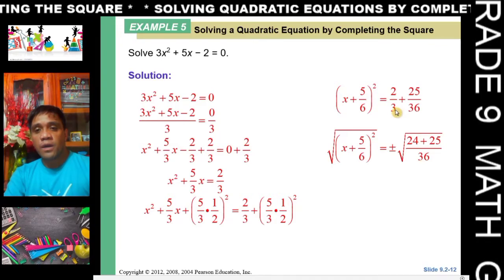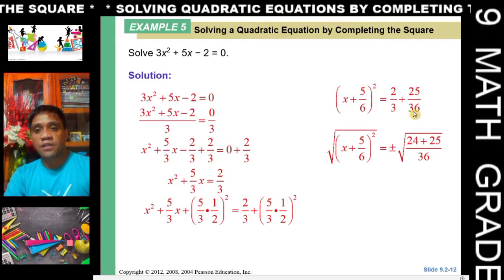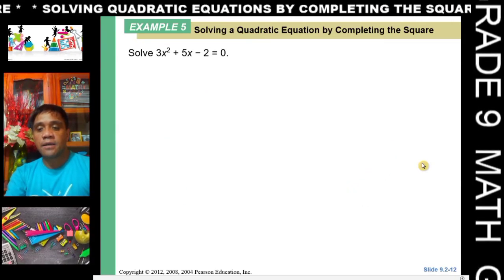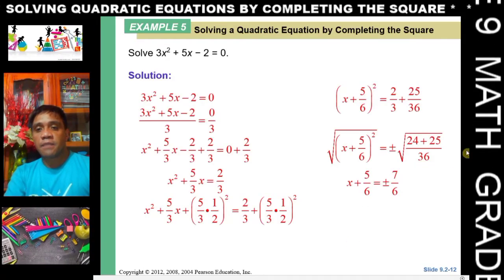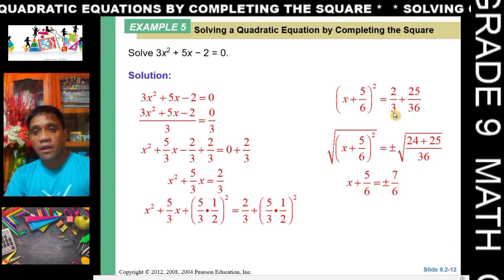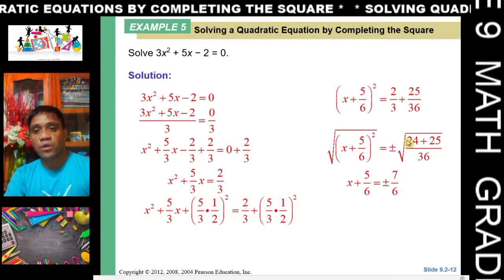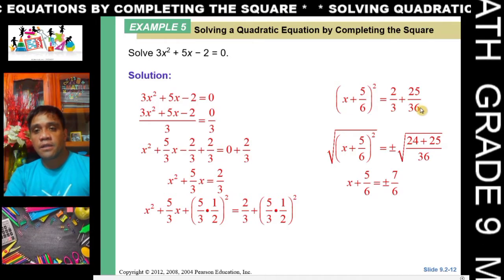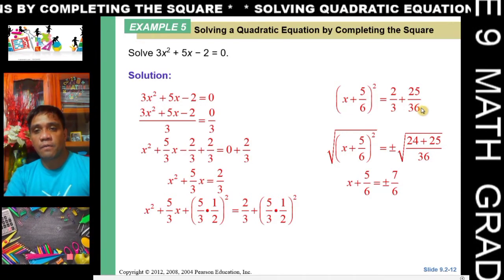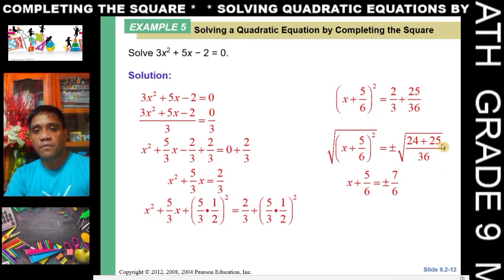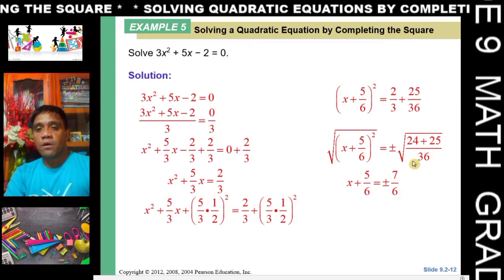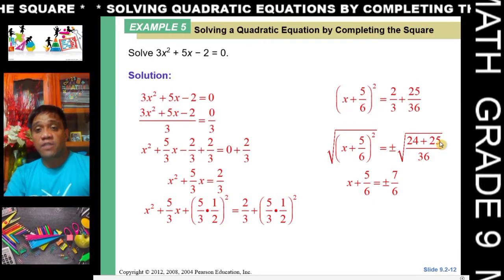Because the LCD of 3 and 36 is 36. 36 divided by 3 is 12, that times 2 is 24. Since the denominator of 25 over 36 is already 36, copy the 25, so 24 plus 25 is 49.